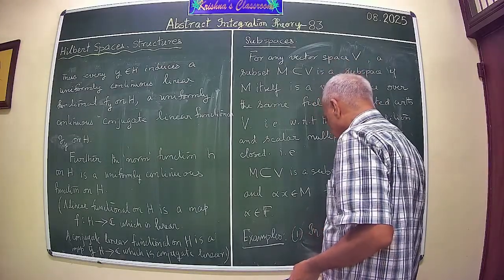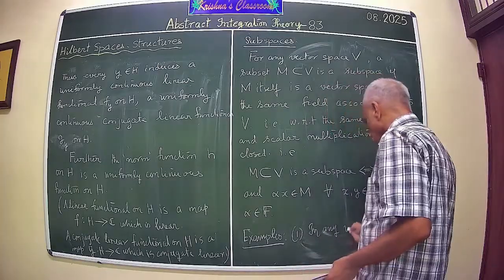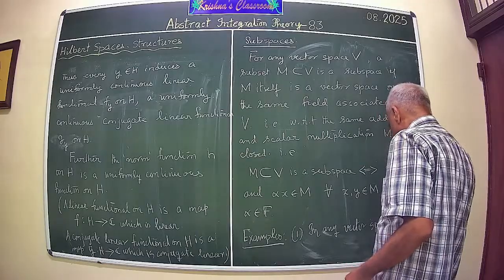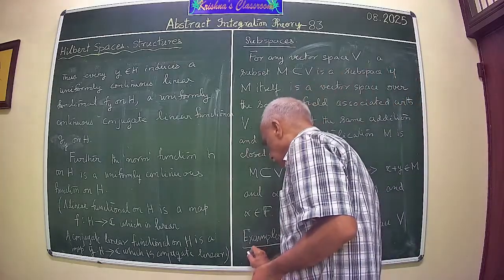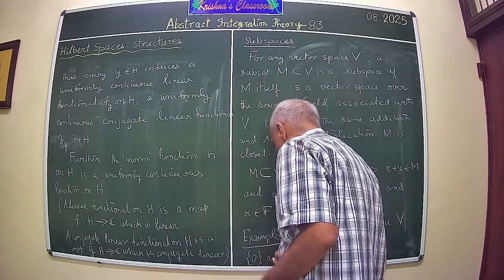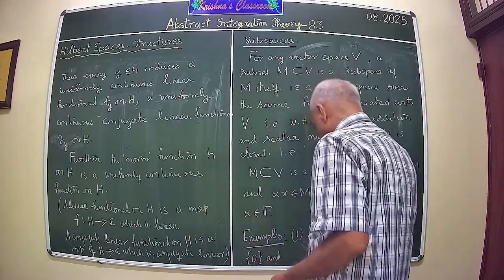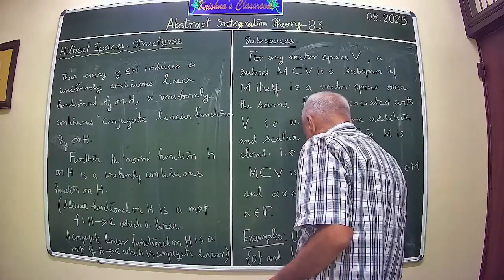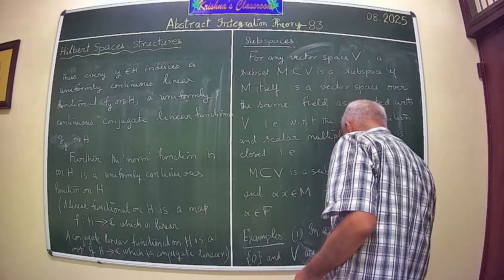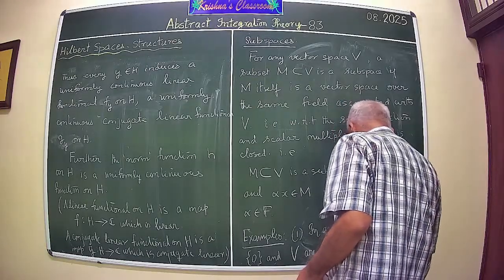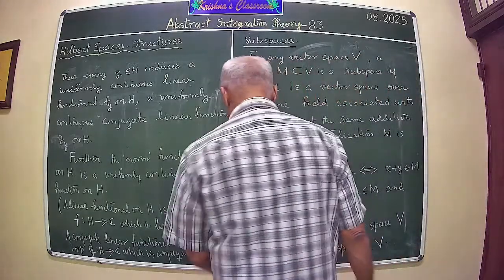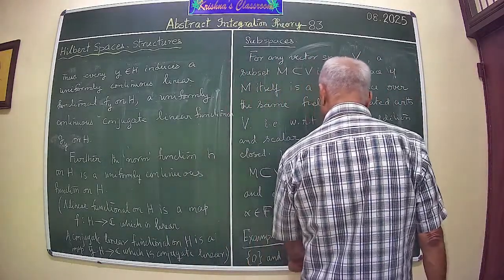In any vector space, the set consisting of the zero element and V itself are subspaces. So there are two trivial subspaces, namely the zero vector and the whole vector space.